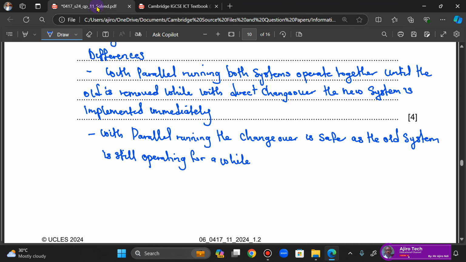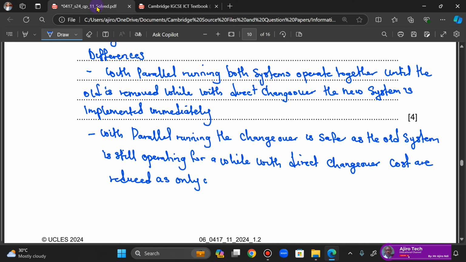Okay. While with direct changeover, costs are reduced, as only one set of staff needs to be employed.